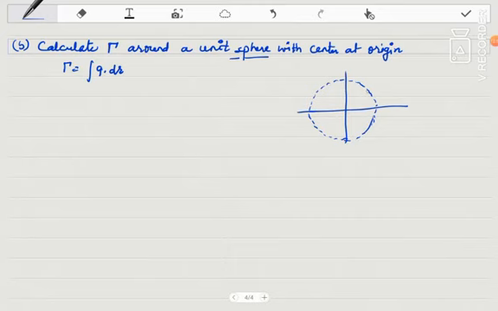I take some arbitrary point on it, and this is the horizontal component of velocity, this is the vertical component of velocity, and let this line be inclined at theta. This is the radius vector of the point P. O is the origin. Then naturally this will also be theta, and this will be pi by 2 minus theta.